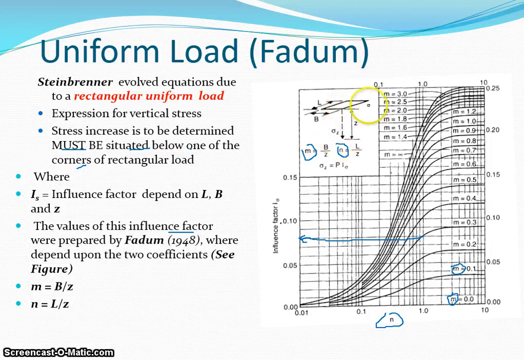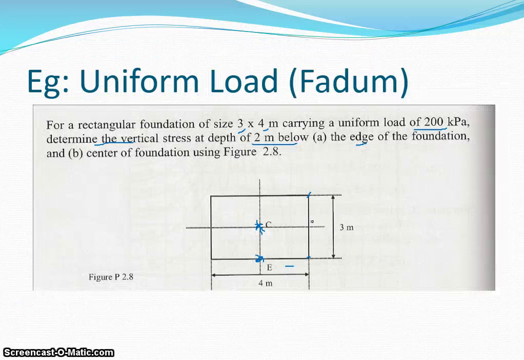Either here or here, but one of the corners must be situated at the corner of the rectangular loop. So if we want to define E at the edge of the rectangular, this is not a corner of the rectangular.